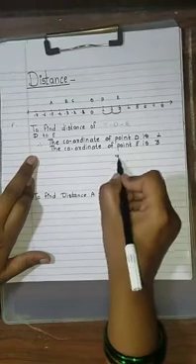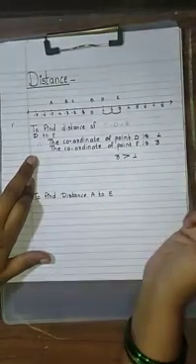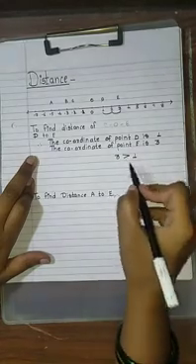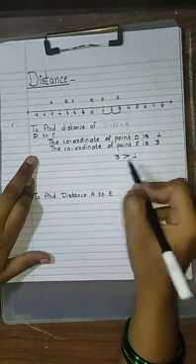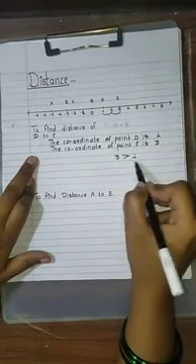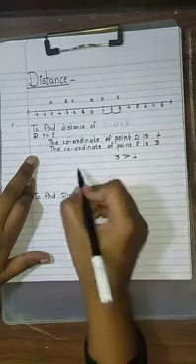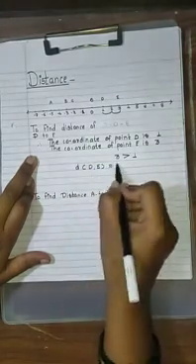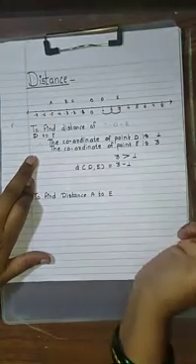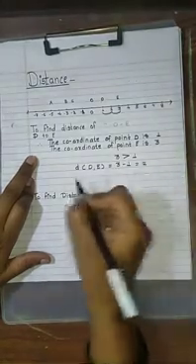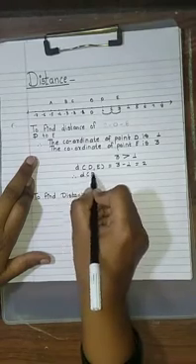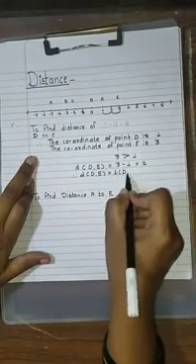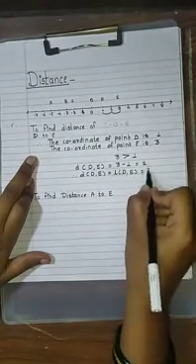Now you can see 3 is greater than 1. Okay. So you have to subtract the smaller number from the greater number. So you have to subtract 1 from 3. Therefore, distance DE is equal to 3 minus 1 is equal to 2. Therefore, distance DE, or you can also call it length DE, is 2.